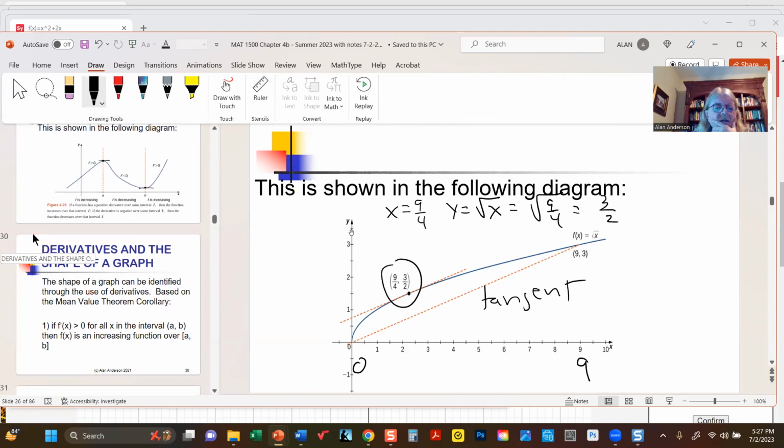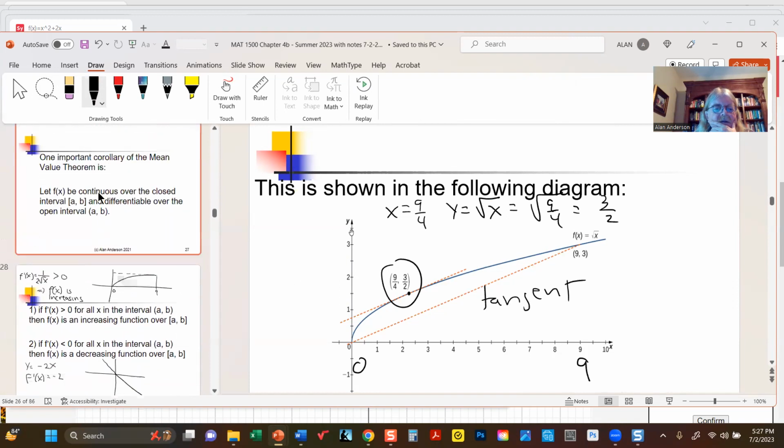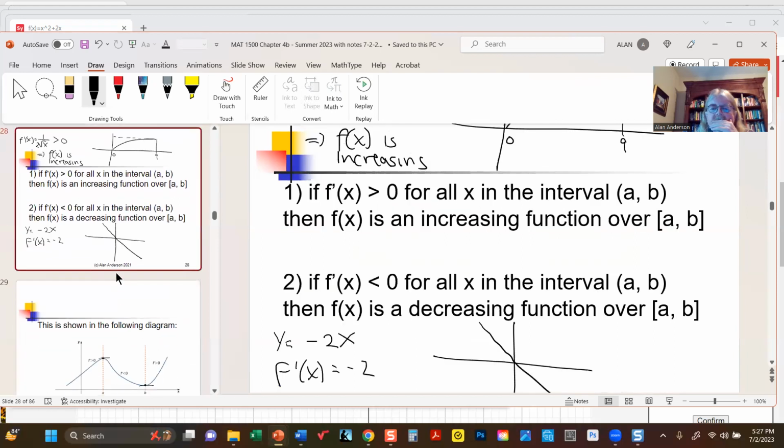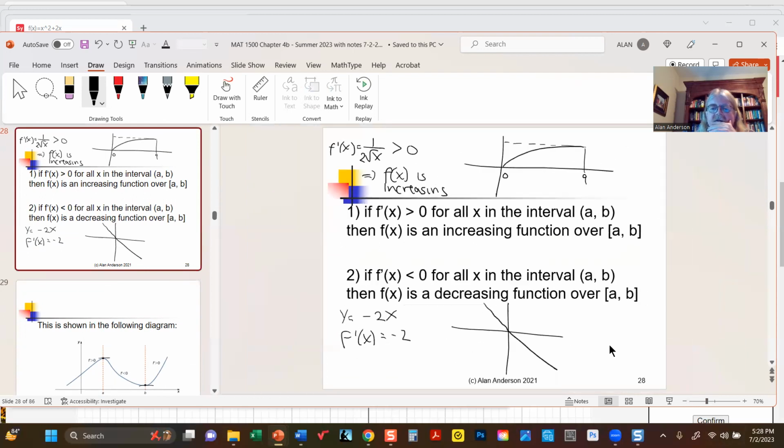All right, so now why does this matter? Because if we have a continuous function over an interval, and again, only differentiable over the open interval a to b, if f prime of x is positive for all x in that interval, then we know that this is an increasing function everywhere in that interval.